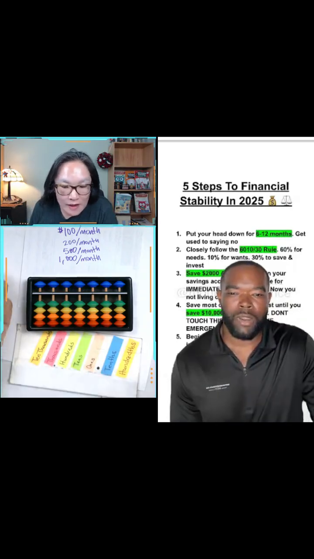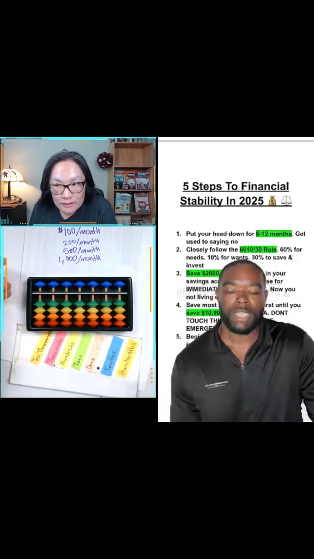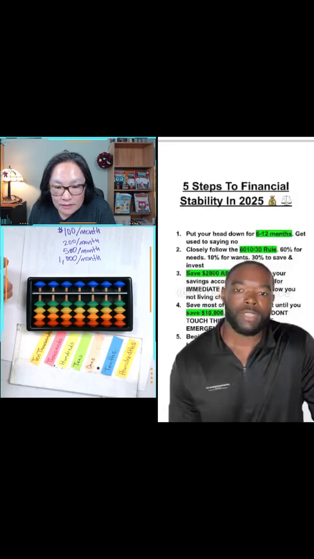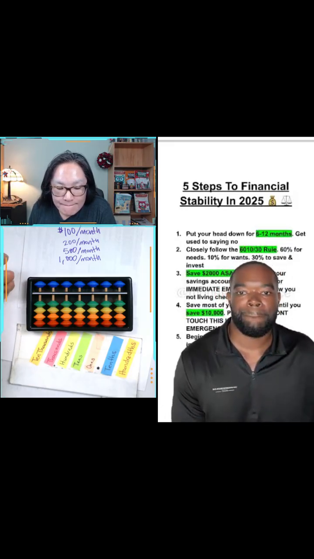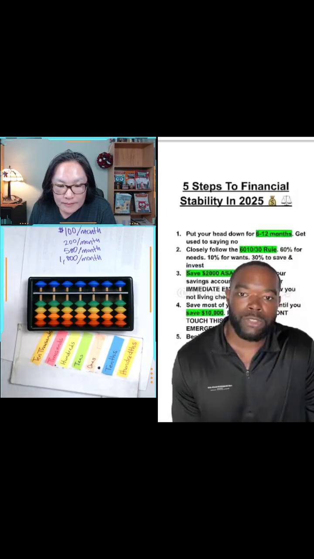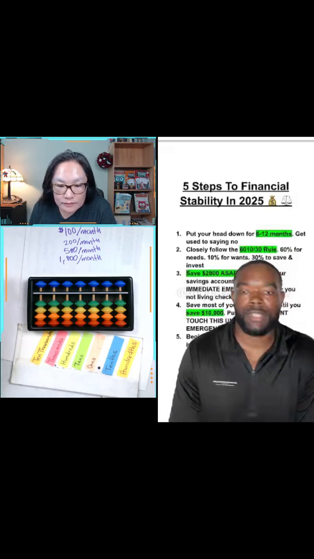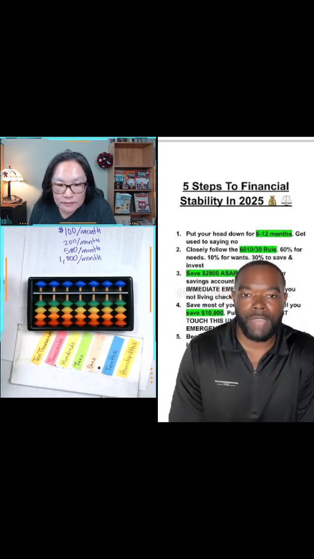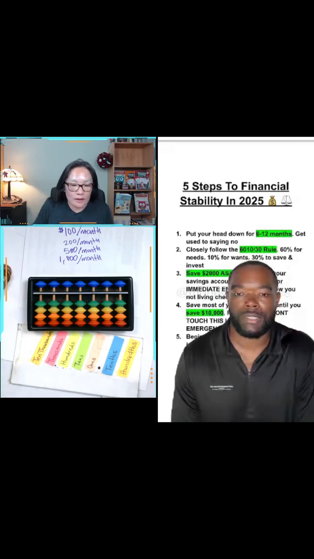Bell asked, are investment accounts different than high yield savings? Yes. High yield savings accounts are not investment accounts. Investment accounts are different. Investment accounts allow you to buy stocks, ETFs, index funds, things of that nature, REITs, real estate investment trusts.